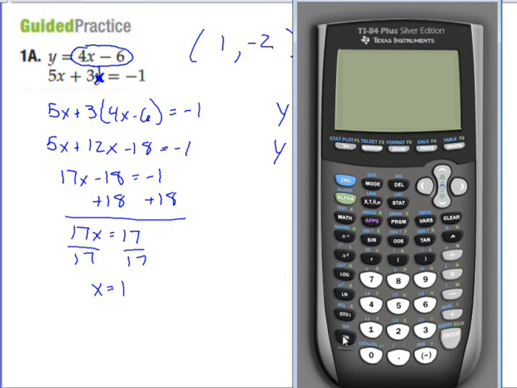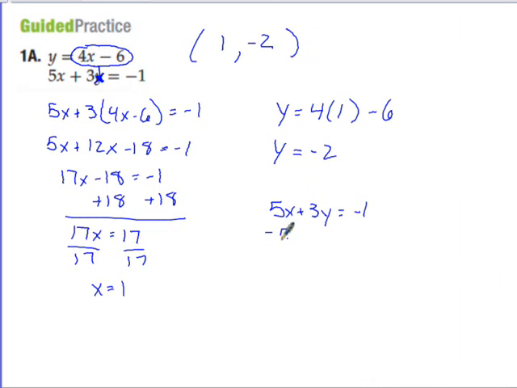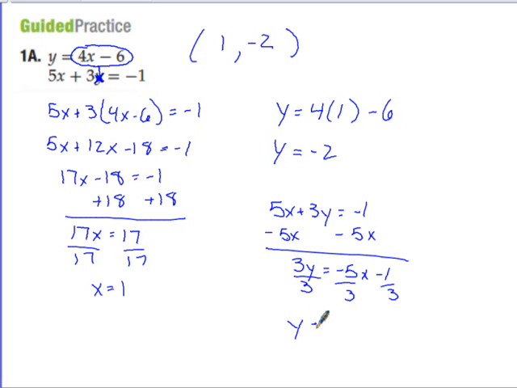And then I'm going to check that on my calculator. So I'm going to put both of these equations into the calculator, 4x minus 6. And now for the second equation, in order to check it in the calculator, I have to actually solve for y. I have to subtract 5x from both sides. 3y is equal to negative 5x minus 1, and then I'm going to divide everything by 3. And I get y equals negative 5/3 x minus 1/3.